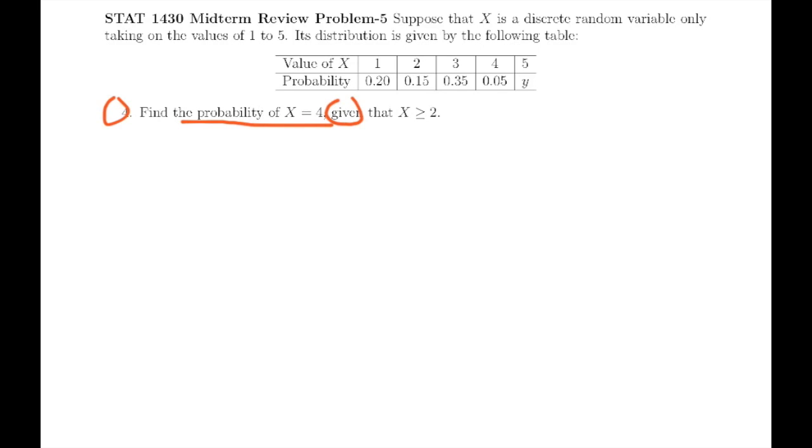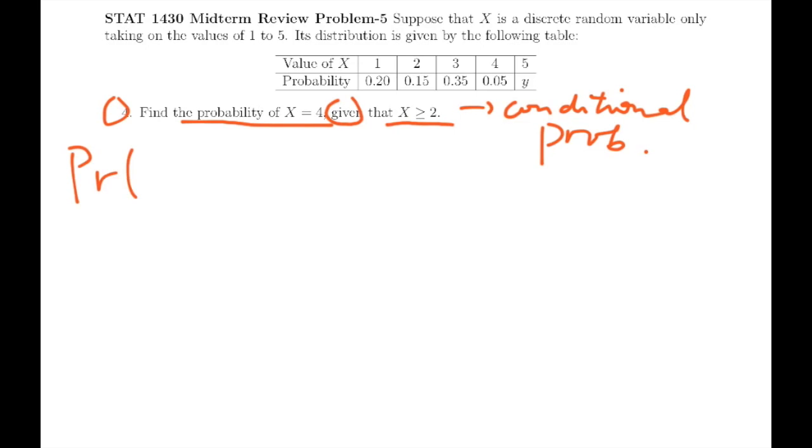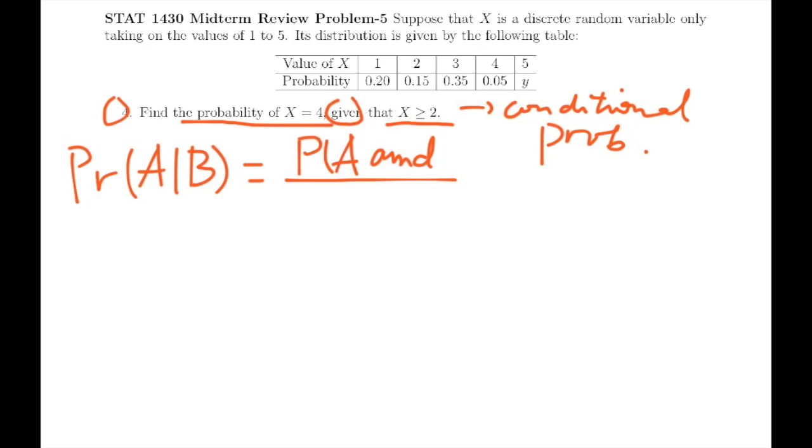Remember, the formula for the conditional probability is the probability of A given B is equal to the probability of both A and B occurring divided by the probability of B occurring. Here B is the event X greater than or equal to 2, and the event A is X equal to 4.